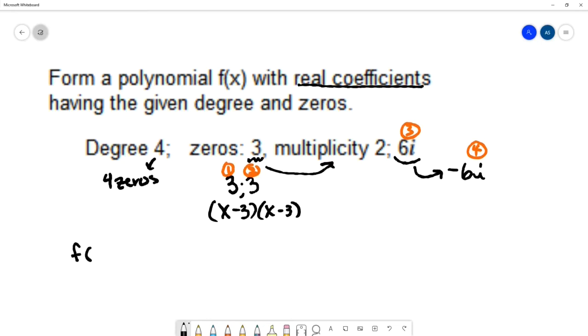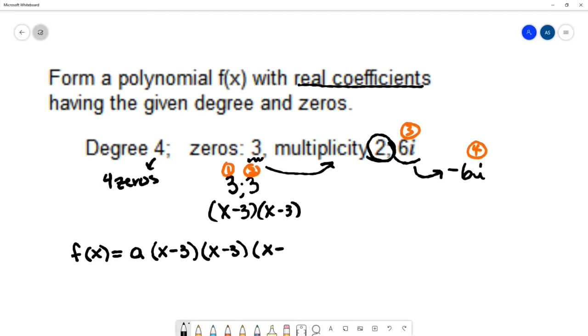So our polynomial, f of x, will be some coefficient multiplied by x minus the zero, and remember, because 3 is repeated, we put 2 factors of that. Because it has multiplicity 2, we have 2 factors of that.